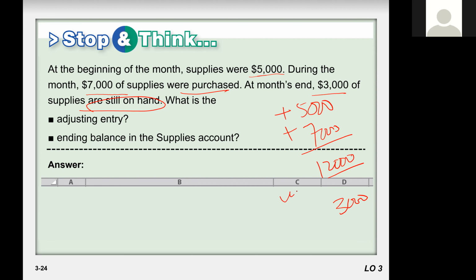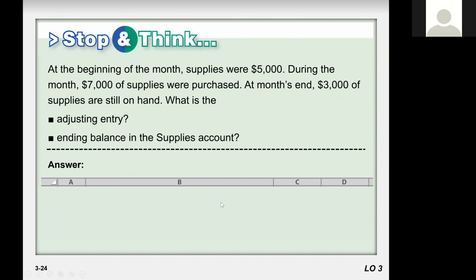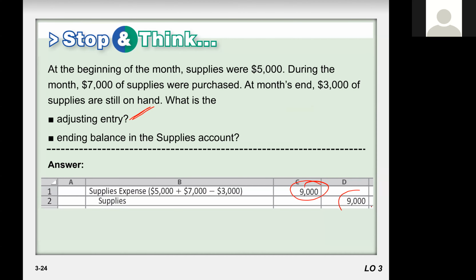So it means how much you used? 9,000. Right? At the month's end, the balance is 3,000. It means 9,000 you have consumed. So the adjusting entry is going to be supplies expense to supplies.